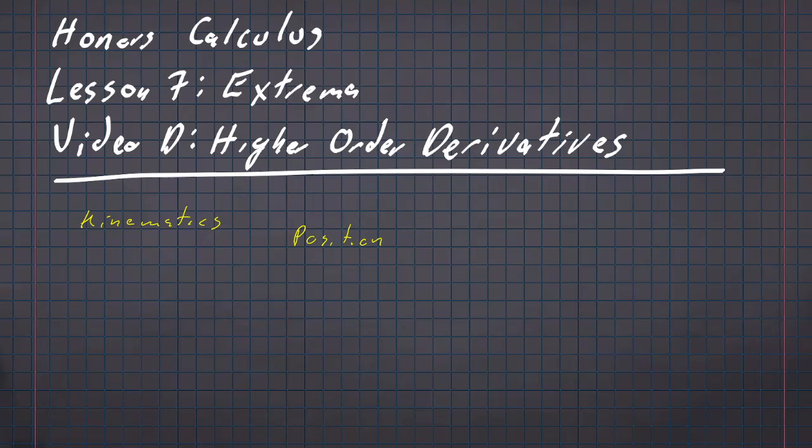And in kinematics, the question of note is if we have some sort of particle, and what we mean by particle can vary from an electron to a cannonball to the planet Earth. If we have some sort of object, what is its position at any given time? And in order to help calculate that, we also look at things like how does the position change?